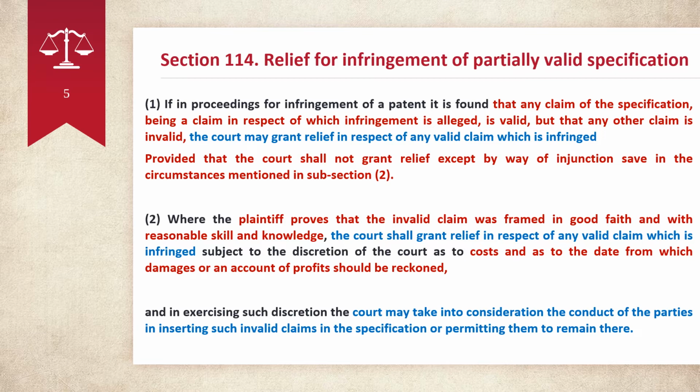In any infringement proceeding of a patent, if it is found that any claim of the specification, being a claim in respect of which infringement is alleged, that is, there are a few claims and infringement is alleged against those claims, is valid, but that any other claim is invalid, that is, there are say 10 claims and 5 of them are valid and the rest 5 are invalid, then the court may grant relief in respect of the valid claims which are infringed.